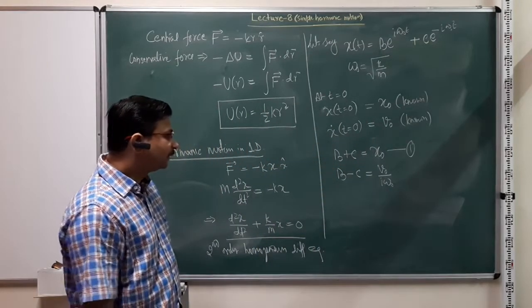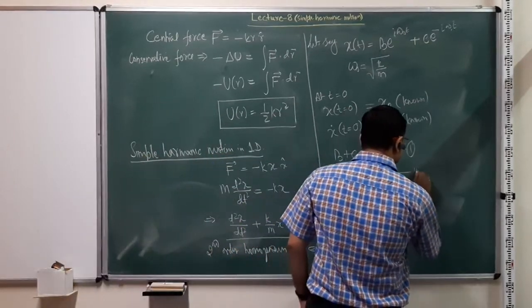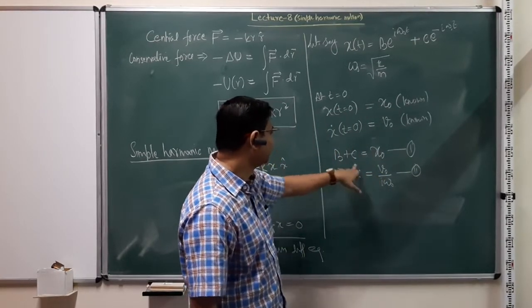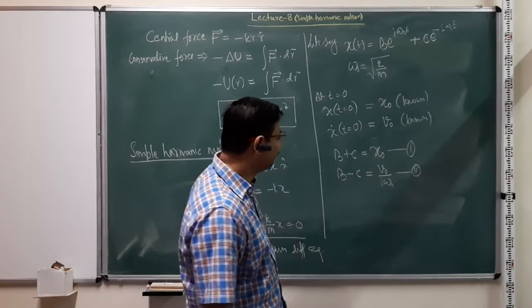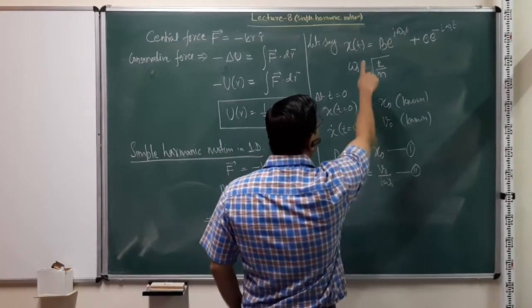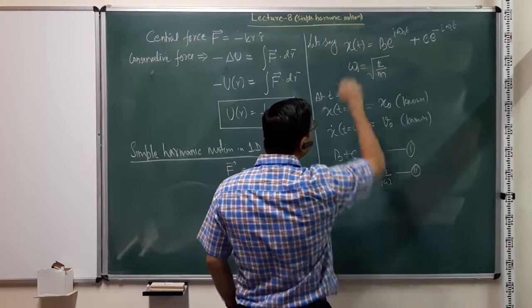Okay, so these are the two conditions that we have on b and c, and now we can solve for them. If you add the equations, you can get the value of b. If you subtract the equations, then you can get the value of c.